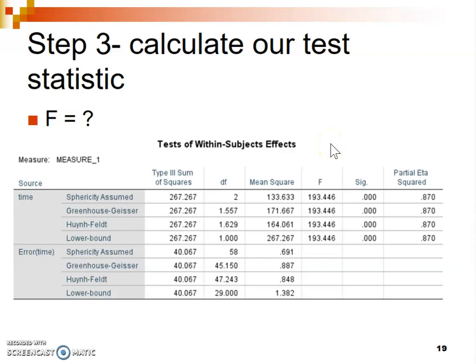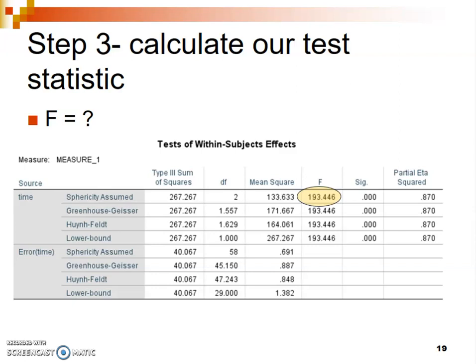The place that you're going to find your F ratio is in this first row here. Whatever your variable is, it might change depending on what your factor or your IV was, but it's always going to be in this first row. We got our F statistic right there. That is the calculated value for F. So that is the F that we're interested in for step 3.